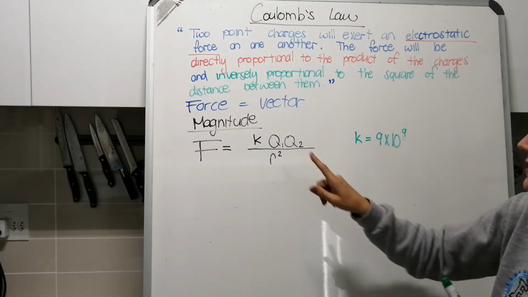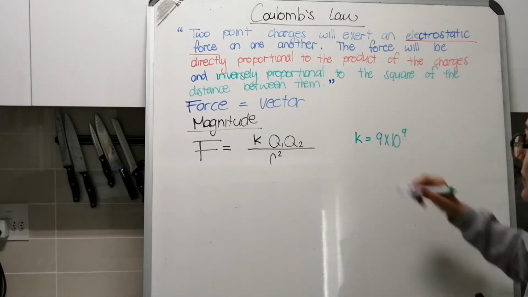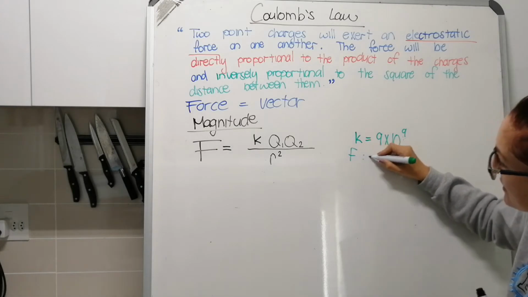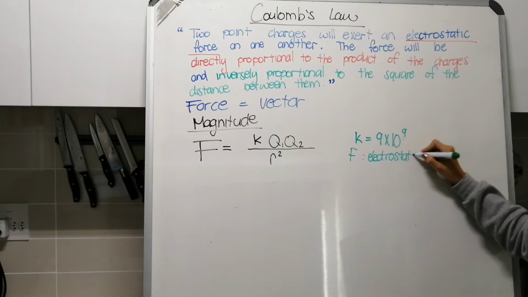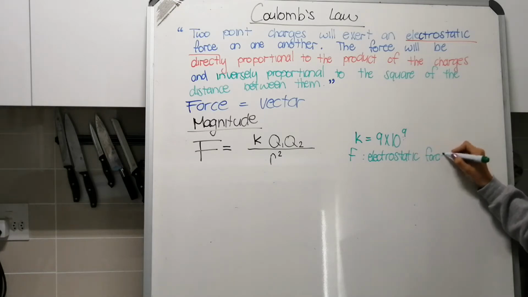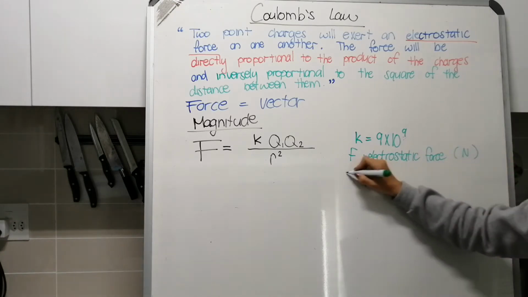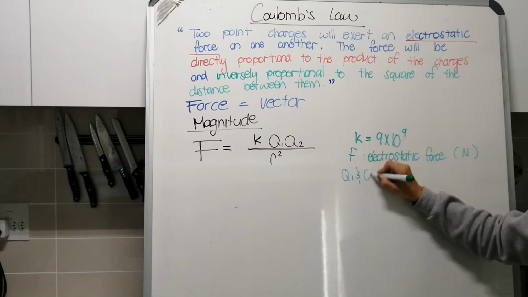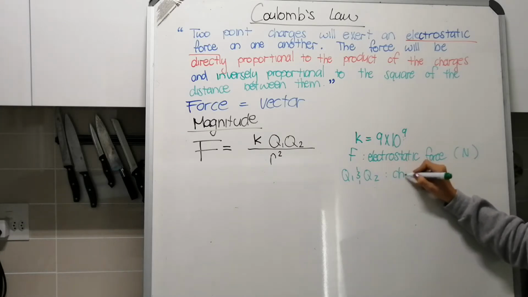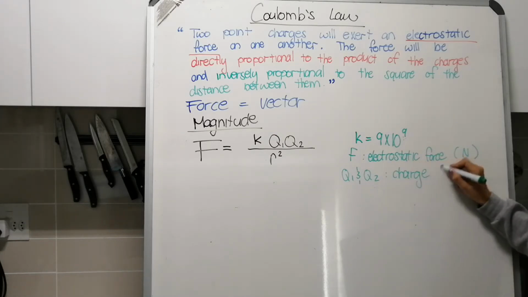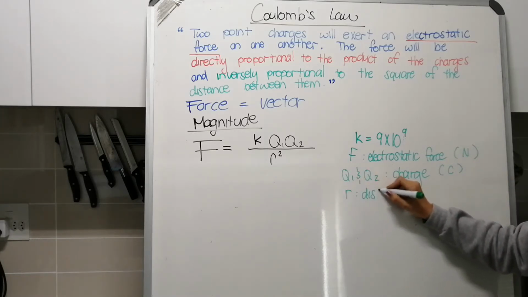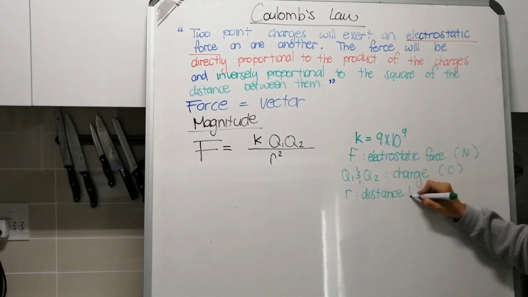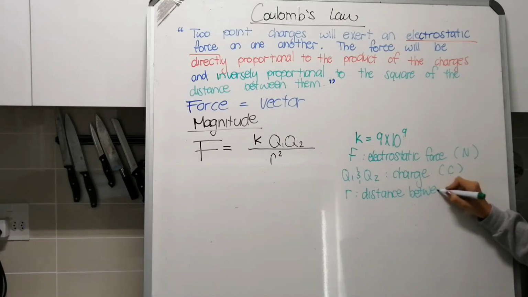Let's label the rest of our variables while we're at it. F is the magnitude of the electrostatic force, measured in newtons. Q1 and Q2 are the charges of each of our point charges, measured in coulombs, and r is the distance between them, measured in meters.